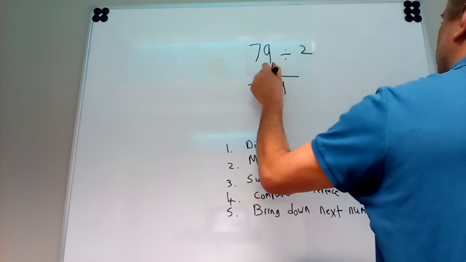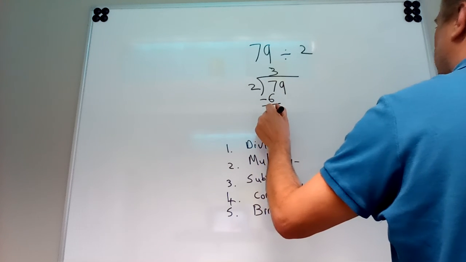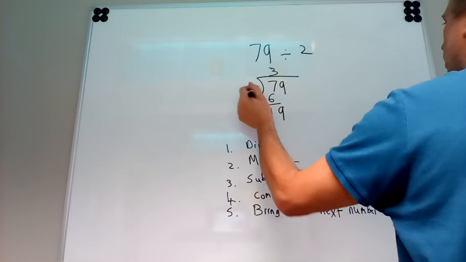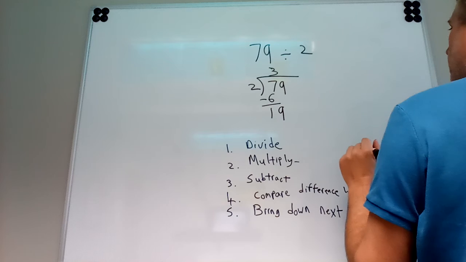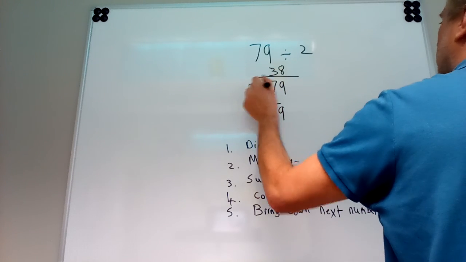It'll go 3 times. 3 times 2 is 6. I'm going to subtract. I'm going to get 1. That number is smaller than that one, but I have one to bring down, so I'm going to bring that one down. 2 will go into 19. How many times? 8 times, excuse me.